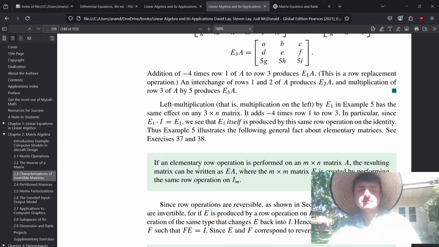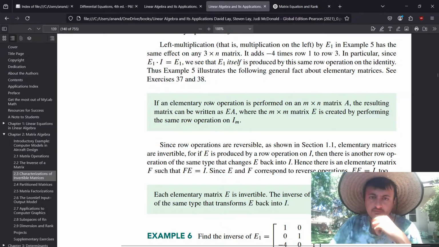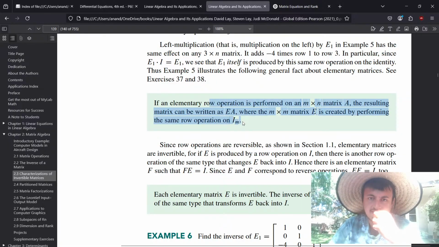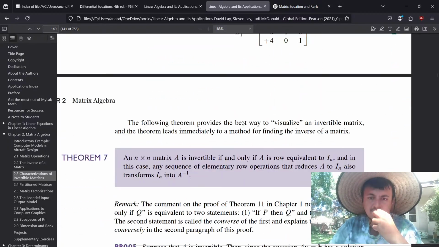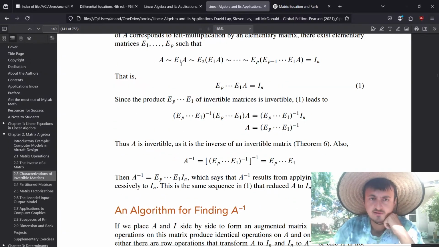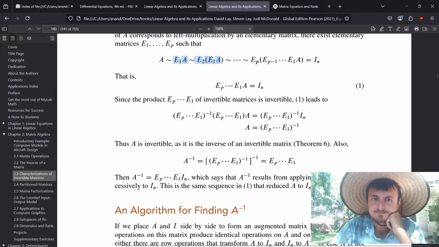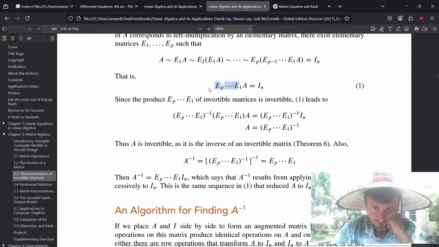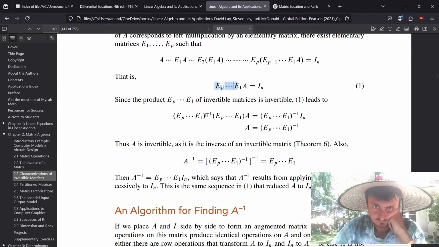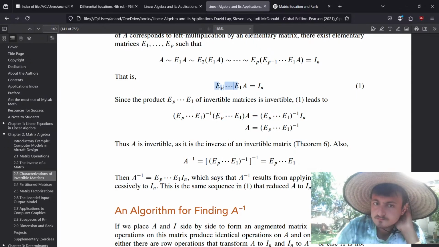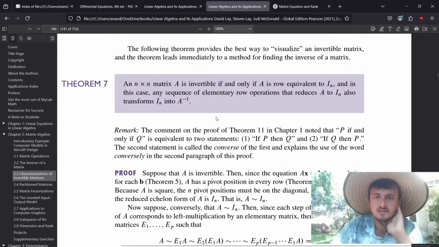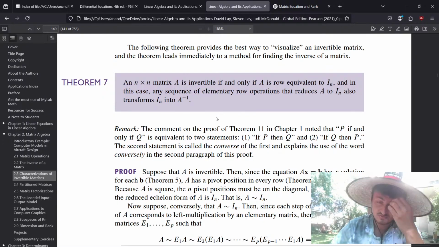So that's nice. If an elementary row operation is performed, the resultant can be written as E times A. So then they generate this sequence of elementary row operations. So then the product of this. Yeah, I really liked that one. That one's cool.